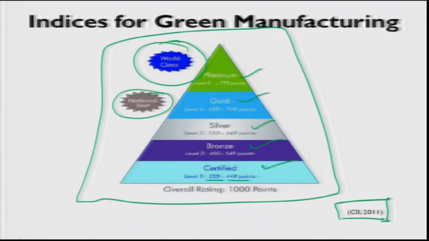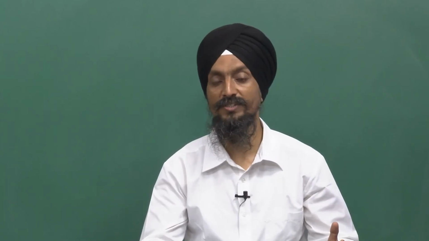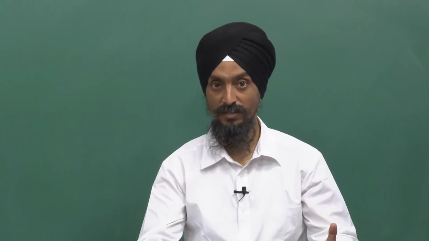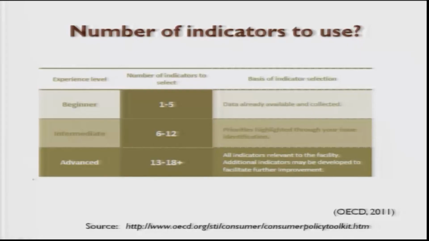So, what is the number of indicators that are required to benchmark my factory, or to know the state or level of my factory at the present state? The OECD says that at the beginning level, if you have just started thinking about green manufacturing, 1 to 5 indicators are enough to select, where the data is already available and collected.